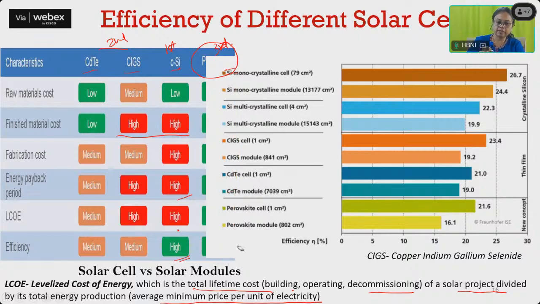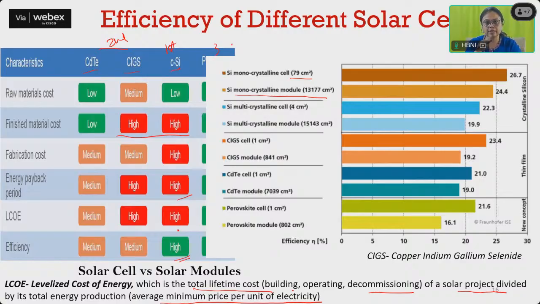And if we compare the efficiency of these materials worldwide, these are a few tables I have taken from different sources. Like silicon monocrystalline cell. The first one is a cell, meaning one cell, and this is for one full module.